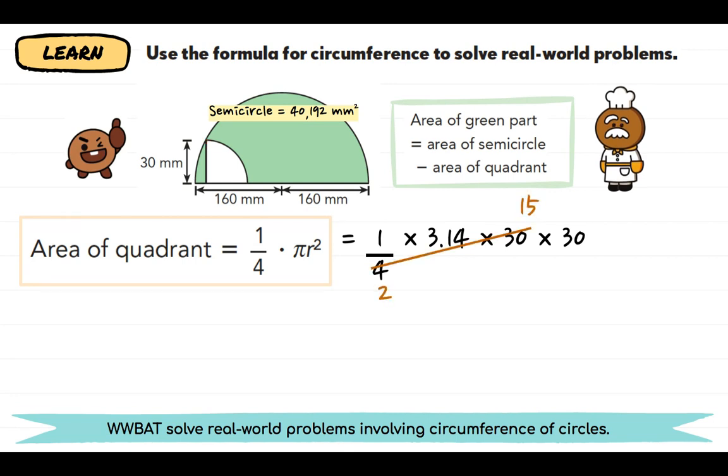So 30 divided by 2 is 15 and 4 divided by 2 is 2. Now another 30 can also be divided by 2. So I can cross them out and 30 divided by 2 is 15. I can rewrite my number sentence as 3.14 times 15 times 15.